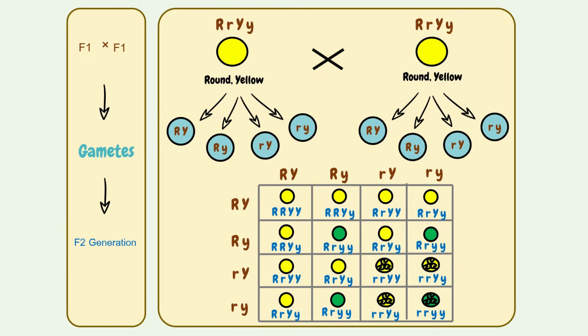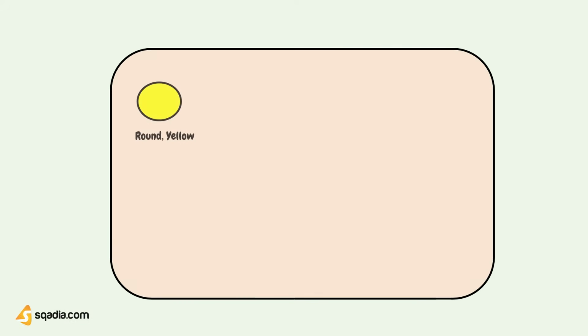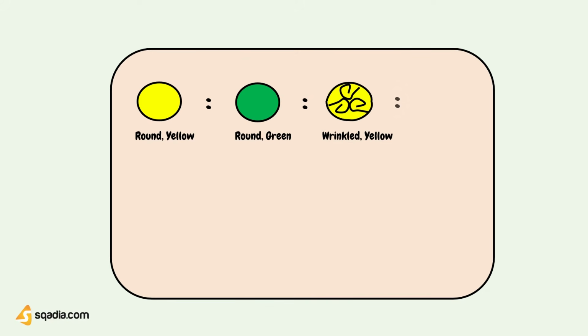When F1 seeds grew into plants, they were self-fertilized. This cross produced seeds with four phenotypes: round yellow seeds, round green seeds, wrinkled yellow seeds, and wrinkled green seeds.